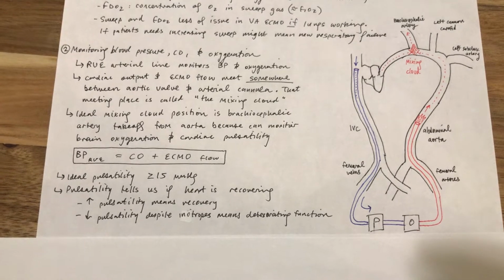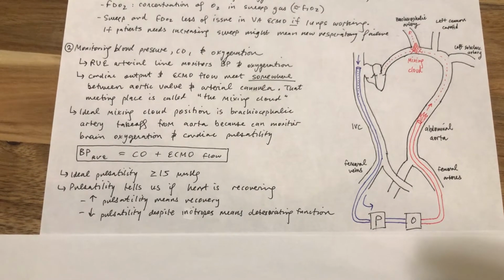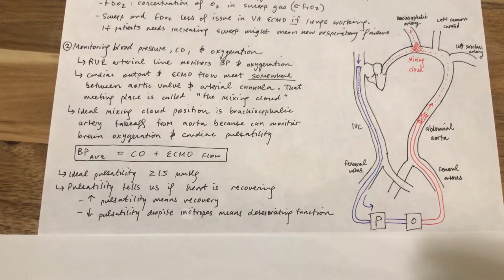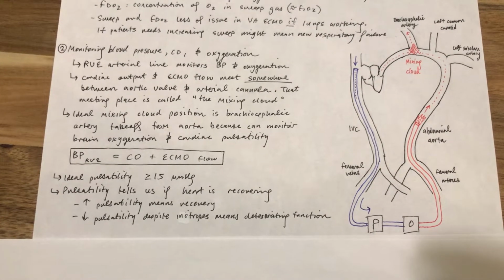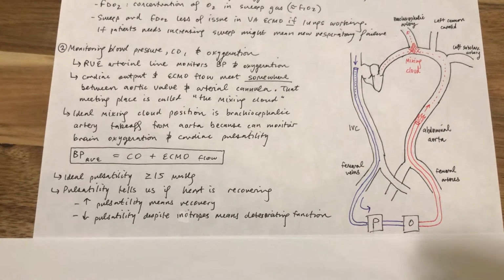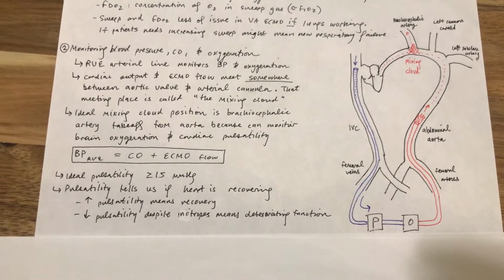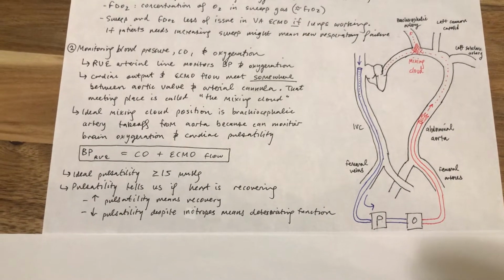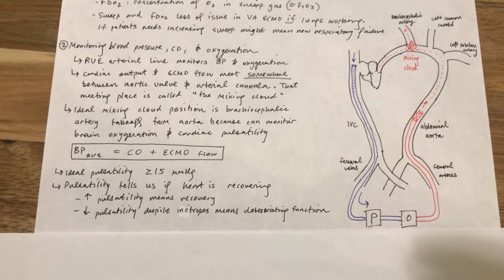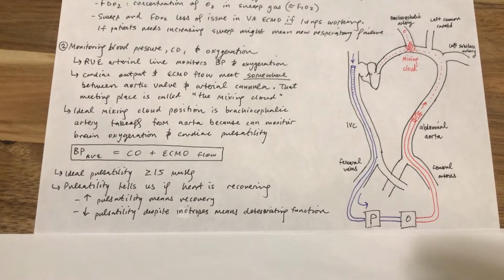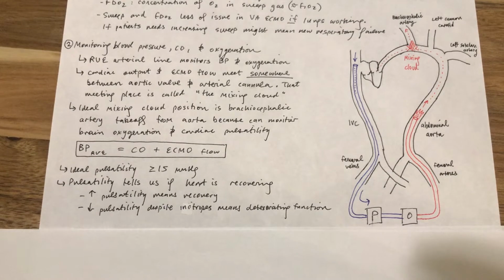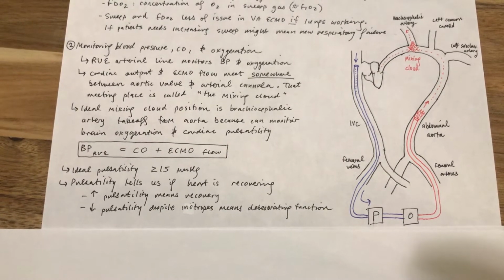This mixing cloud tends to be somewhere along the aortic arch. The reason we like it at the brachiocephalic artery is that it's the ideal place to check for proper perfusion pressure and oxygenation of the brain.